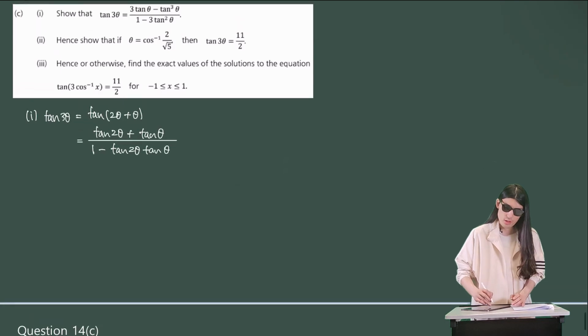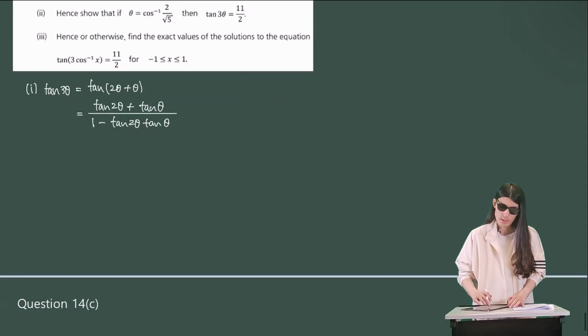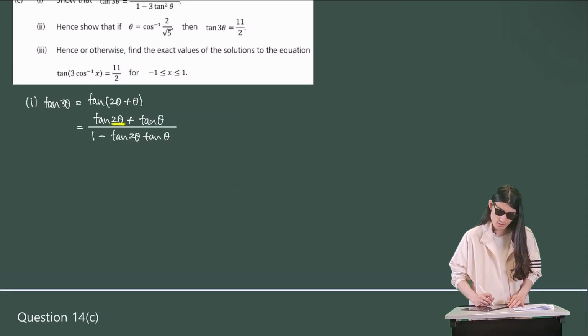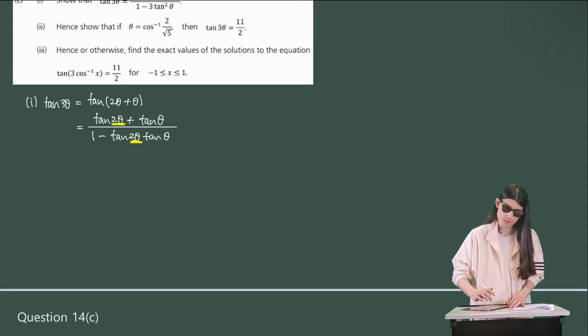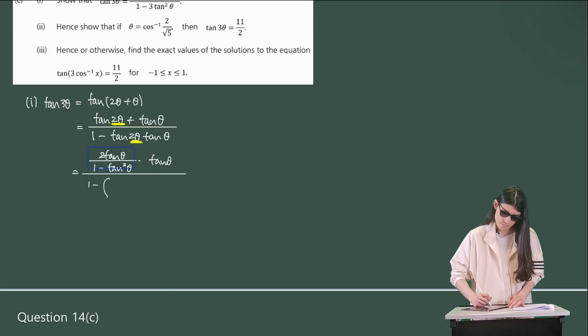And to get down to the right-hand side of part I, we also need to apply the double angle formula to reduce 2 theta down to theta. And of course, your double angle formula is that. And there you have it.